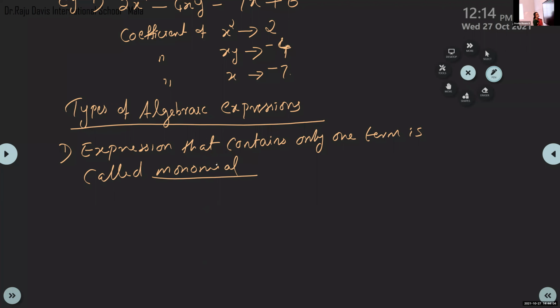Underline that term, monomial. Expressions that contain only one term are known as monomial. For example, 5x square, negative xy, 13yz, 2y square, all these are monomials.